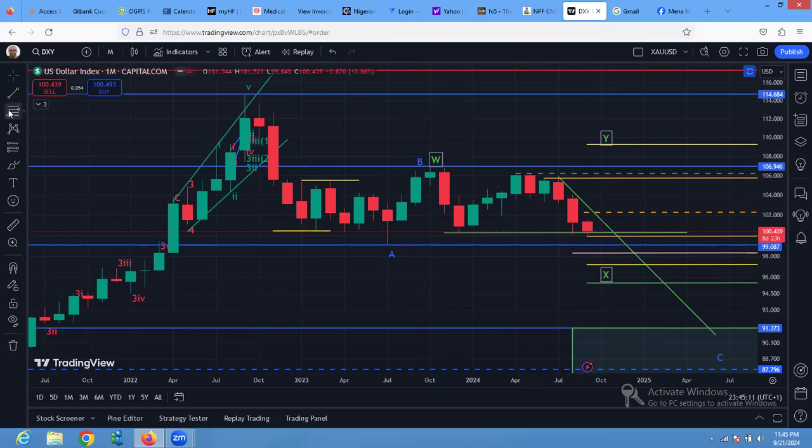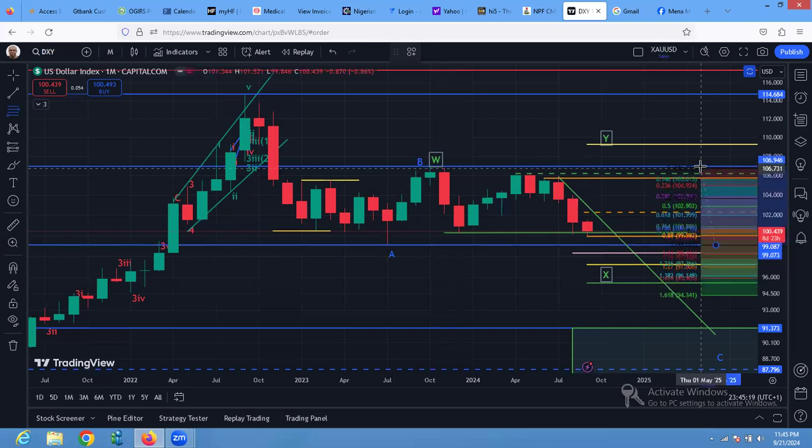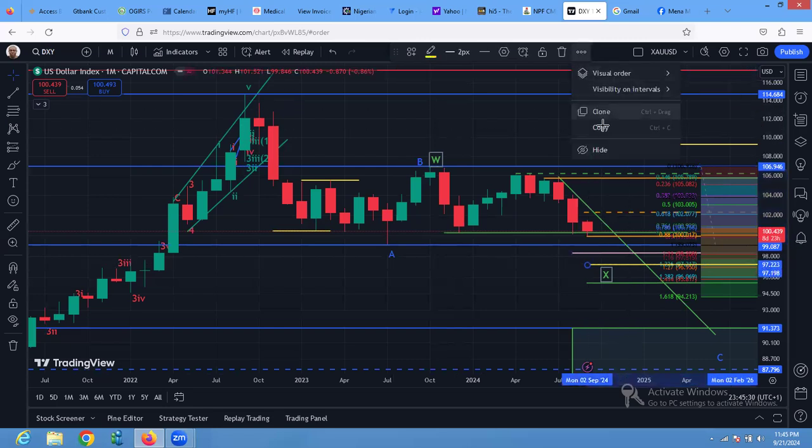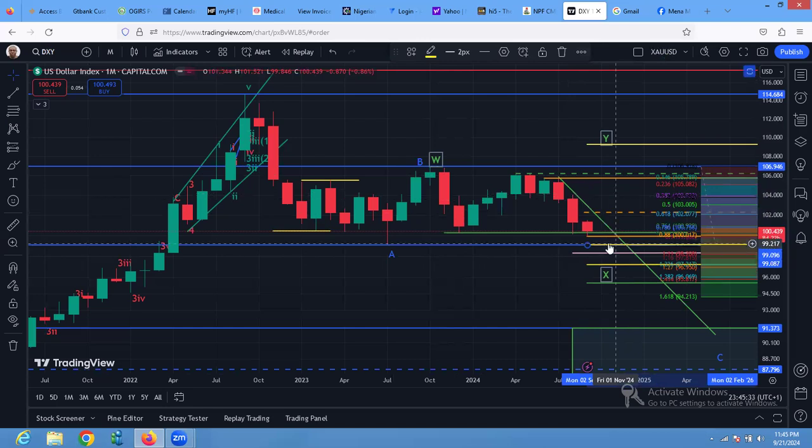Because again, let's look at it. We said from here, from the A to this point, so this is 1, 2, 3 yellow here. Then we are looking at 161.8, which is around this area, because we believe anything between here and here can still give us an extended flag.